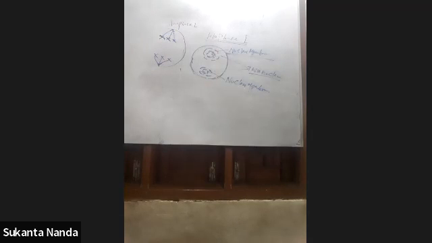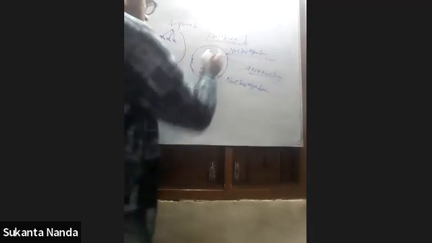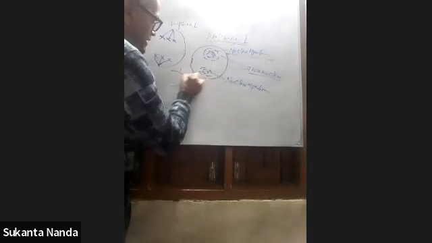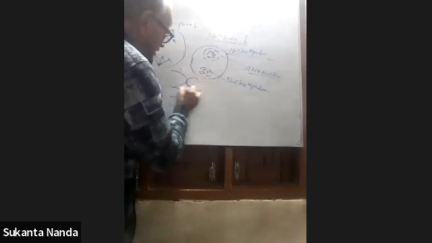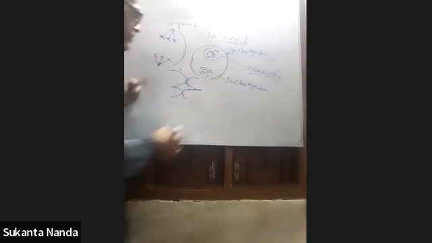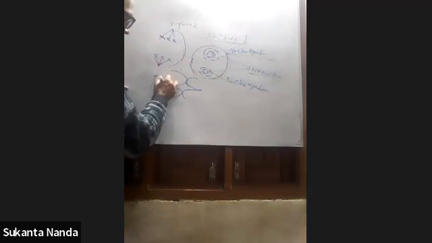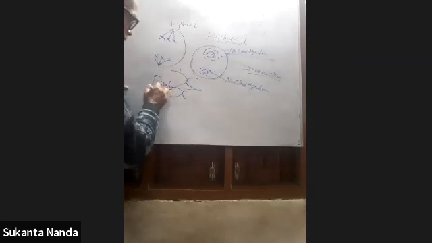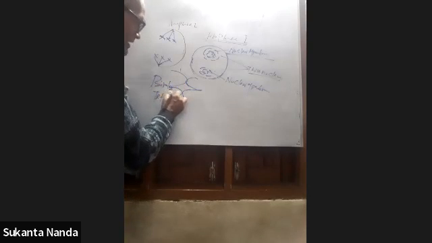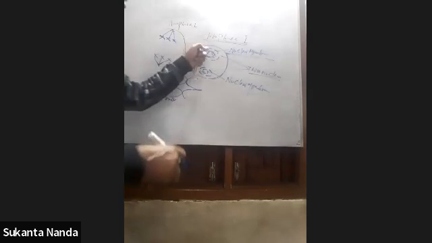Then cytokinesis occurs. You see that these are the bivalent tetrads, and the tetrads are divided into two types.